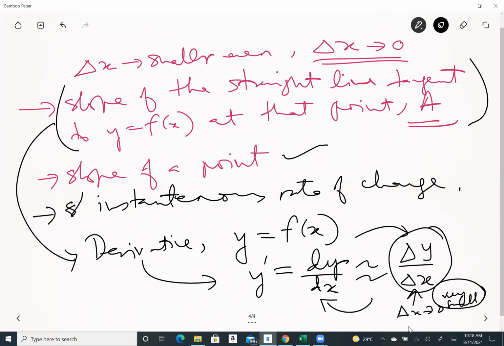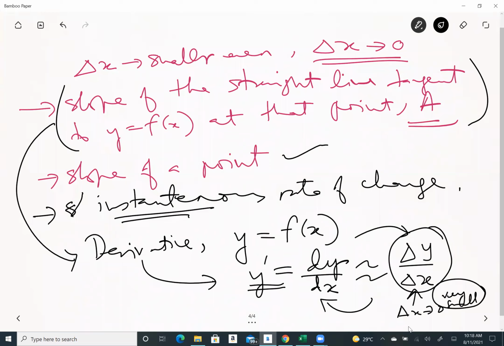So when you use dy dx, that is what you call instantaneous rate of change. Delta x becomes very, very small, and you call it the derivative. So the derivative of a function is essentially the slope of a function, but not simply the slope.